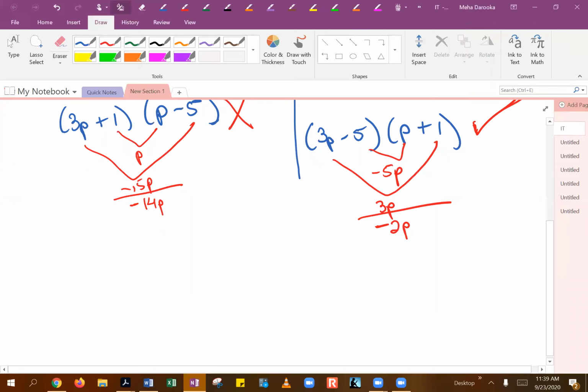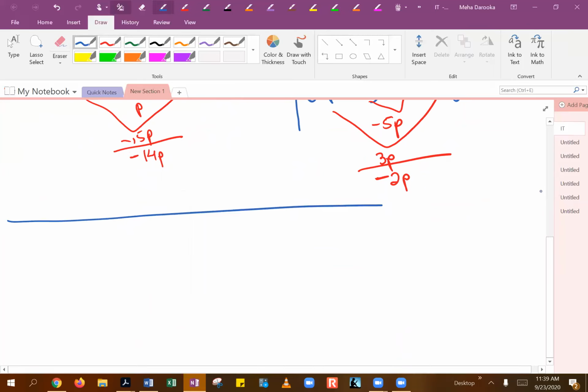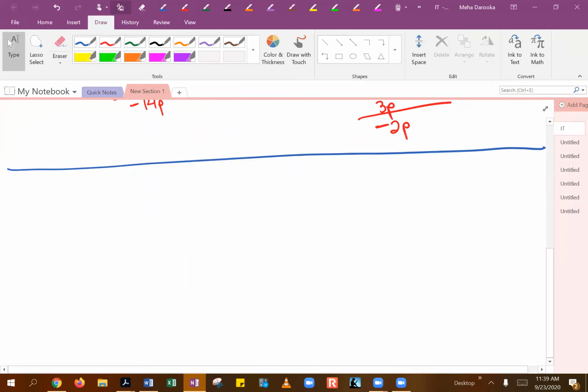The other method, which is what I normally use because I'm too lazy to keep trying different combinations: our given trinomial was 3p squared minus 2p minus 5. So what I actually do is take the leading coefficient and multiply it with the constant term. So 3 times negative 5 is negative 15.